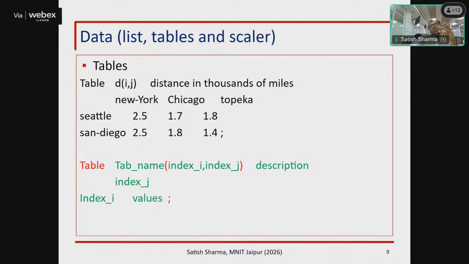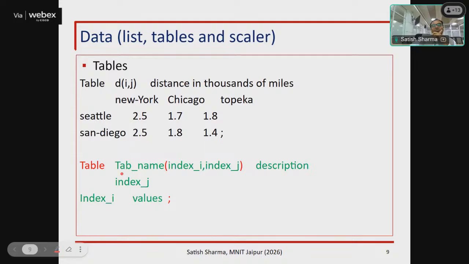This data we can either load from an Excel file, but still the definitions are basically scalar, parameters and tables. So these are the three types of data entries. If you see the syntax for the data entry as well, for a table it is like this; this is how we are basically making a table.